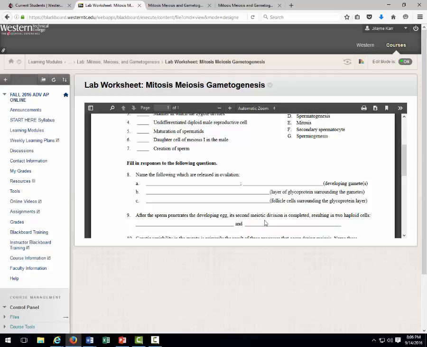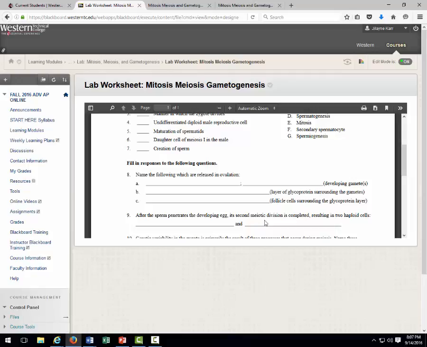So the next question is letter A. What are the two things released in ovulation? What's the one thing I repeated over and over? Secondary oocyte. And what's the partner from meiosis 1 that goes with that secondary oocyte? That small little useless cell? Yeah, the first polar body, we'll call it.